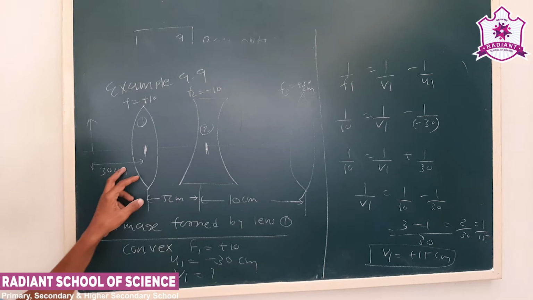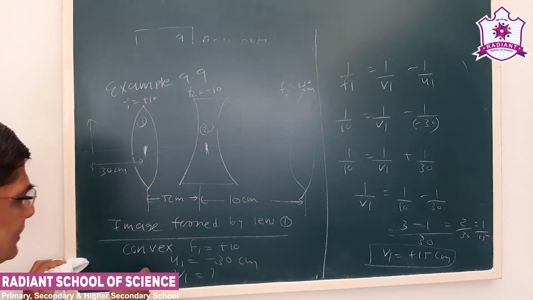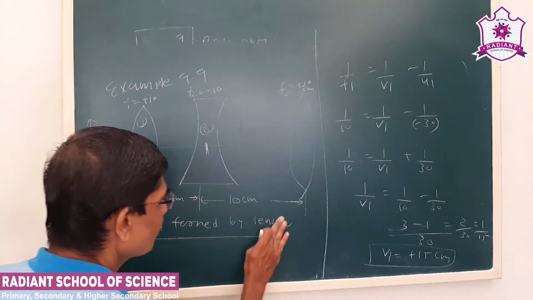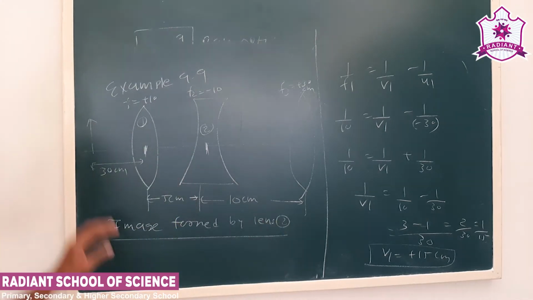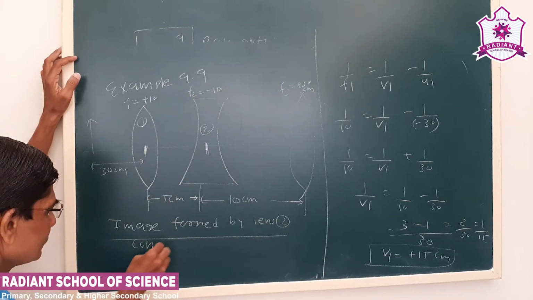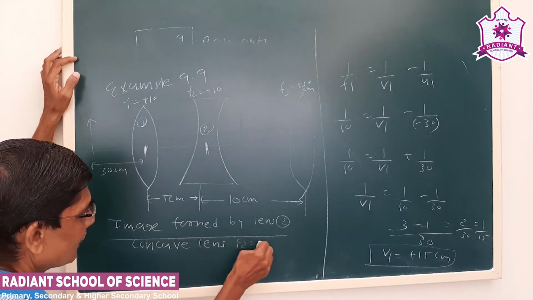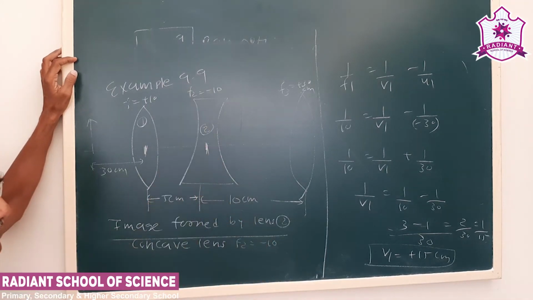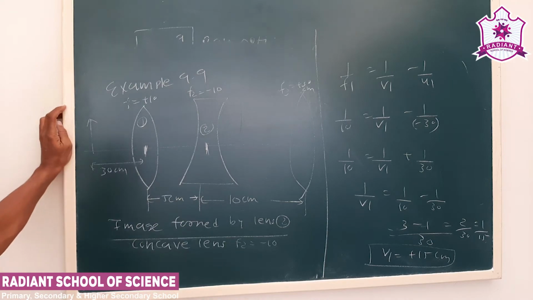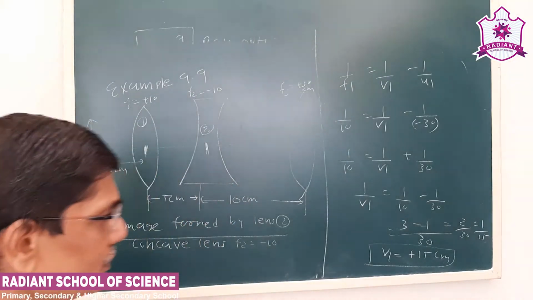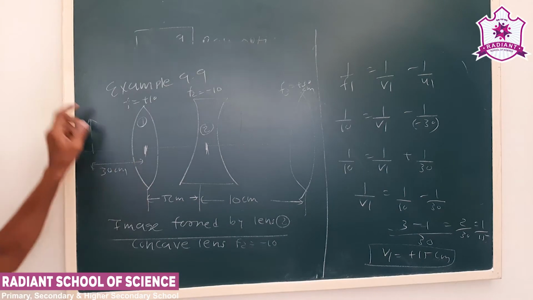First we have calculated the image formed by lens 1, that is a convex lens. Next we have to see the image formed by lens 2, which is a concave lens. f2 is minus 10. Now see, 15 centimeter is the distance from the center of the first lens.